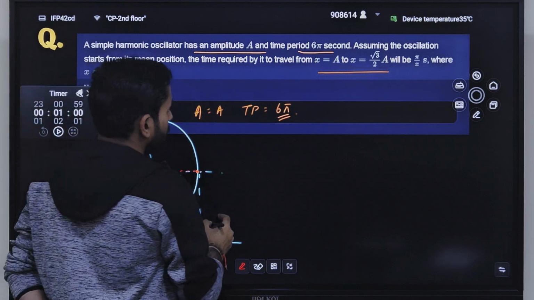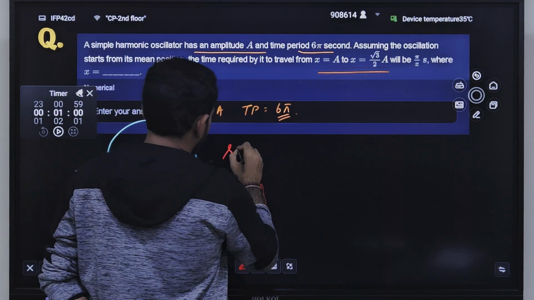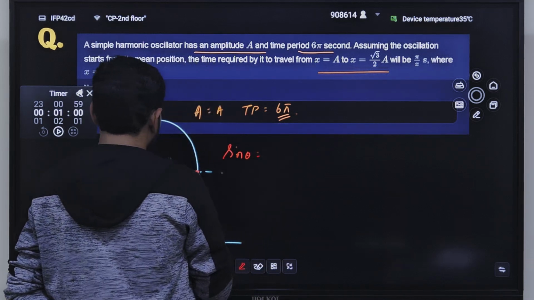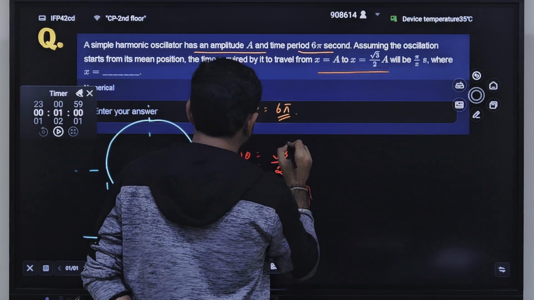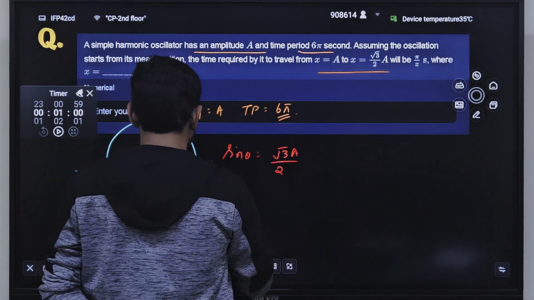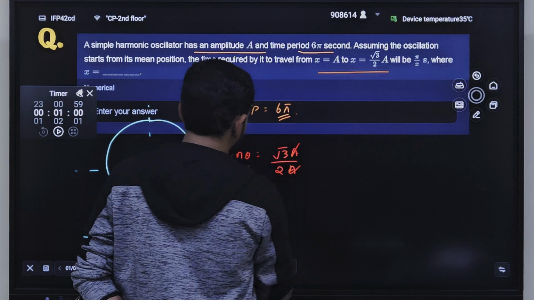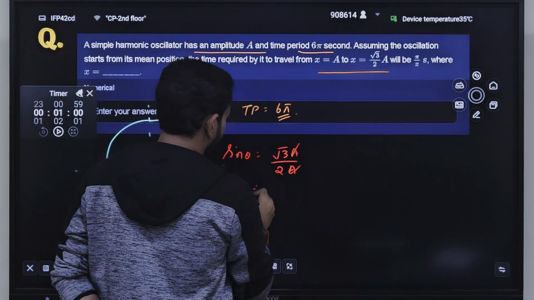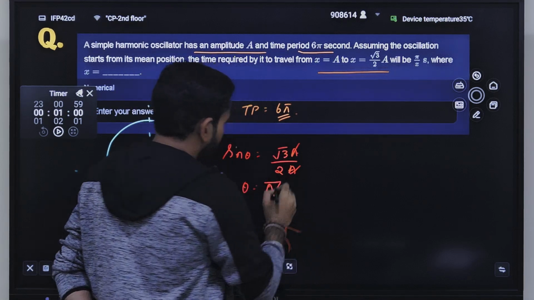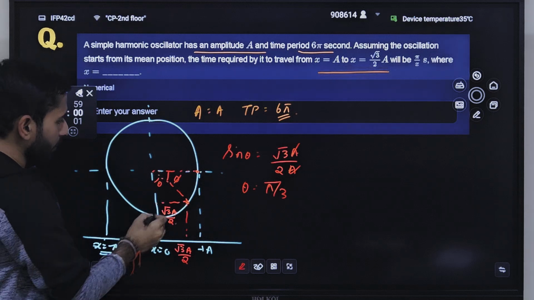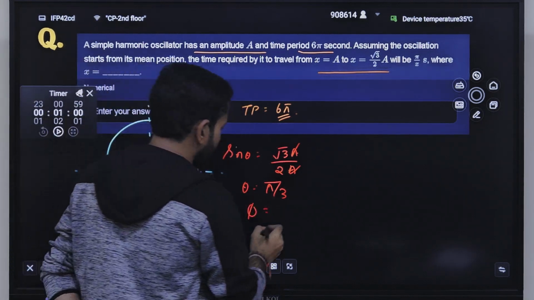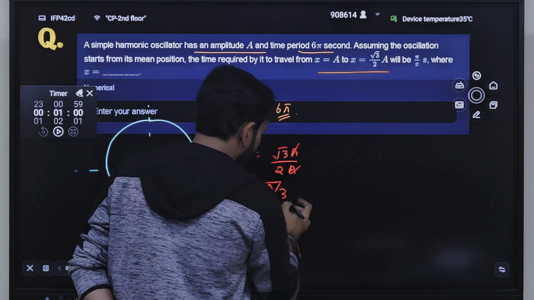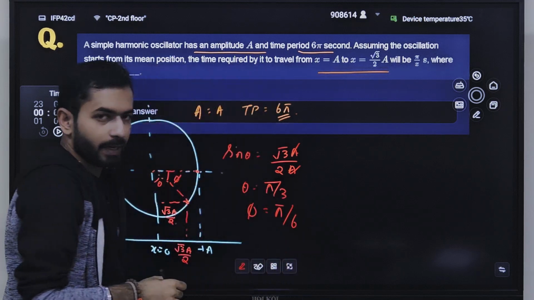So let's calculate sine of theta. Sine of theta is perpendicular, that means root 3 A by 2, divided by hypotenuse, which is A. That means theta is pi by 3, that is 60 degrees. What can you say about phi? The angle traveled by this particle is 90 minus pi by 3, that means it is equal to pi by 6.